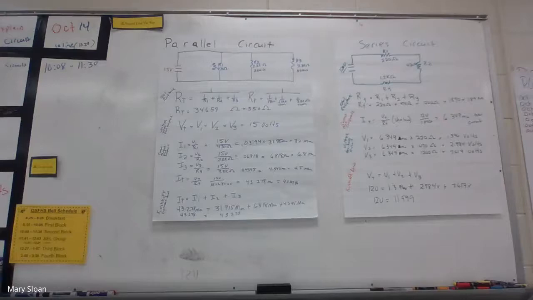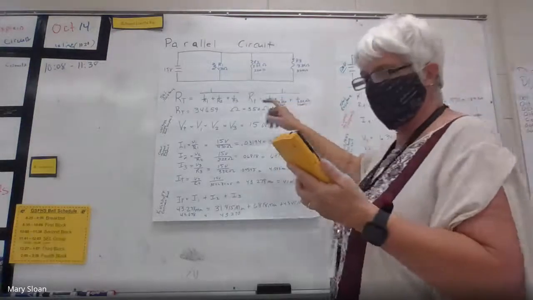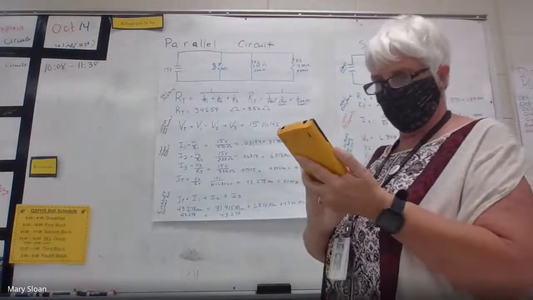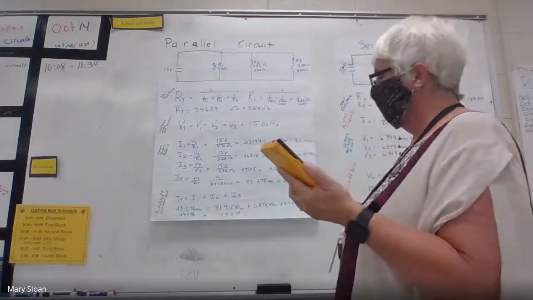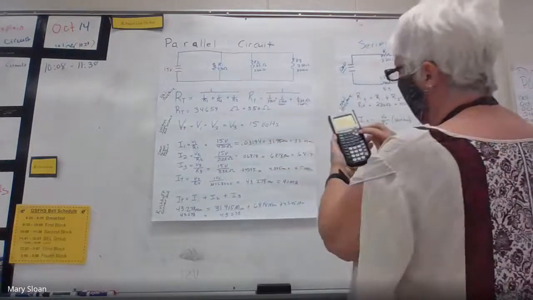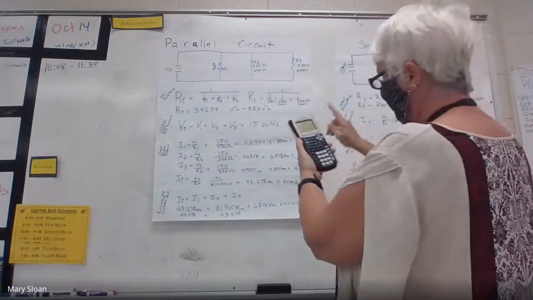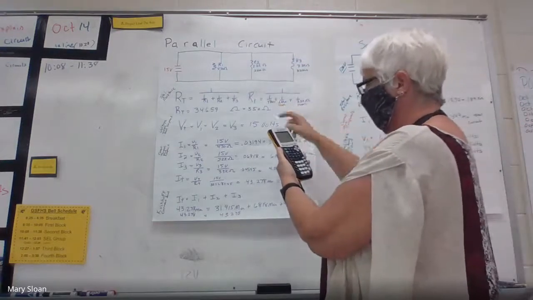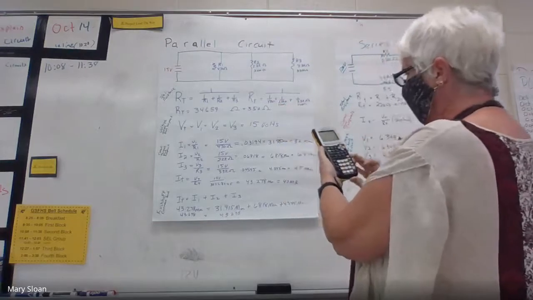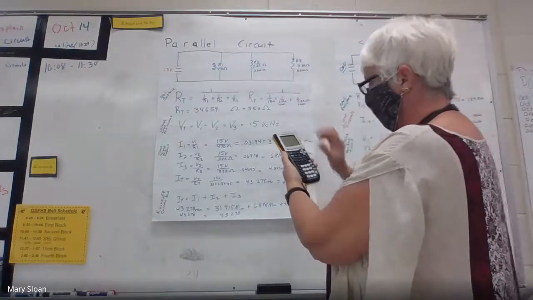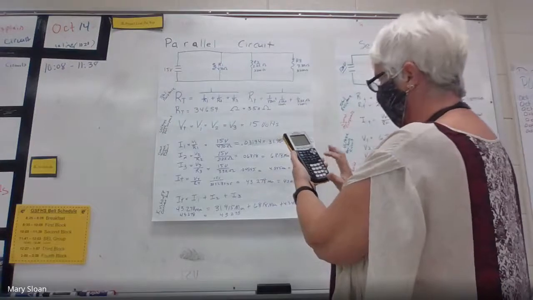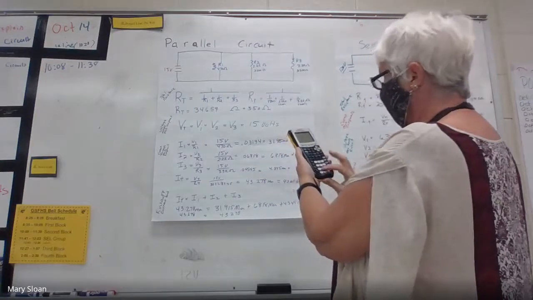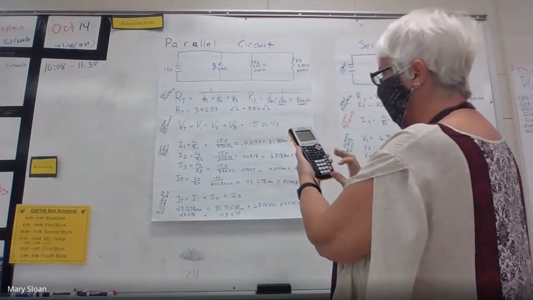Okay, so now I want you to put a 1 over 470. Hit the side button to go over. We're going to add this, so put the plus sign. Alpha Y, enter again. You're going to do your 1 over 2200.